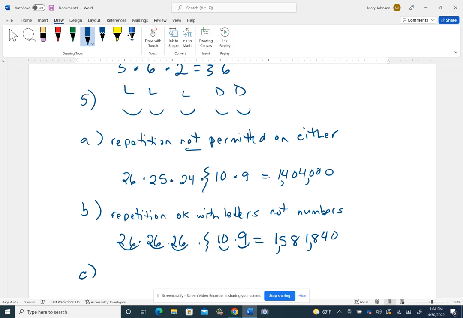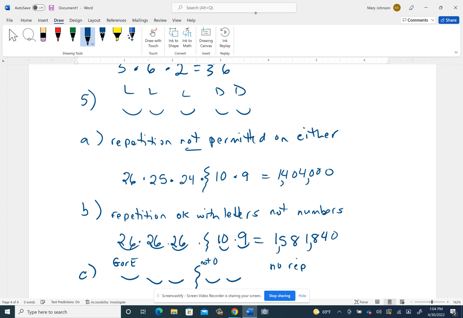All right, and then the last one I gave you is that the first letter has to be a G or an E. And for the digits, the first one can't be 0. And repetition of letters and numbers is not permitted.